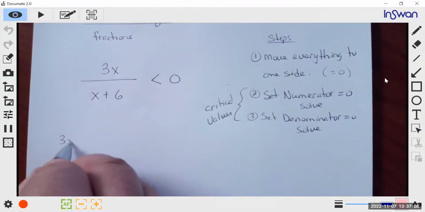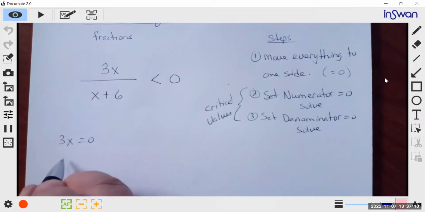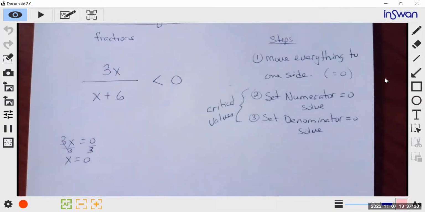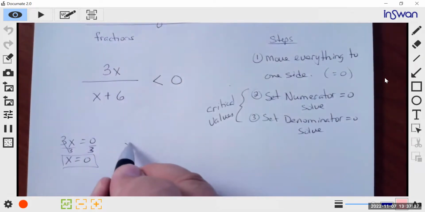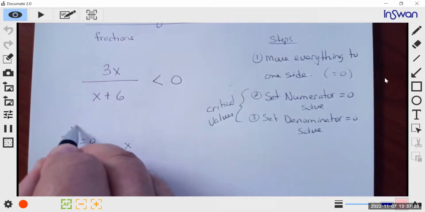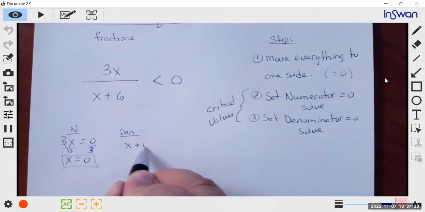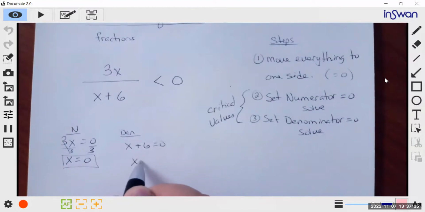So we have 3x is equal to 0. So x is equal to, divide both sides by 3, 0. That's one of my critical values. And the second one, I set the denominator. This is the numerator. This is the denominator. X equals -6.